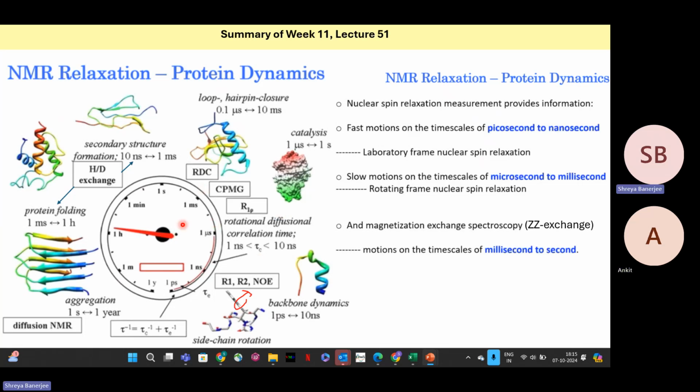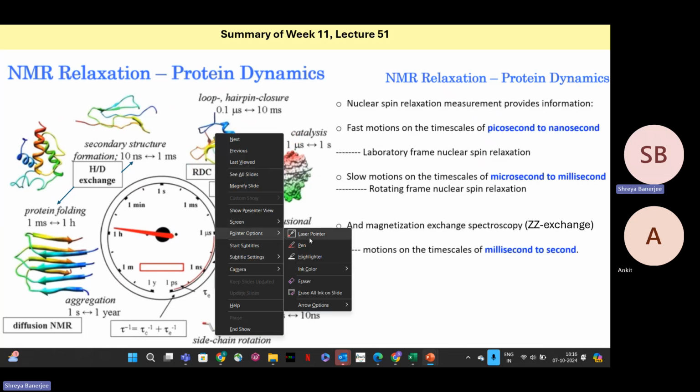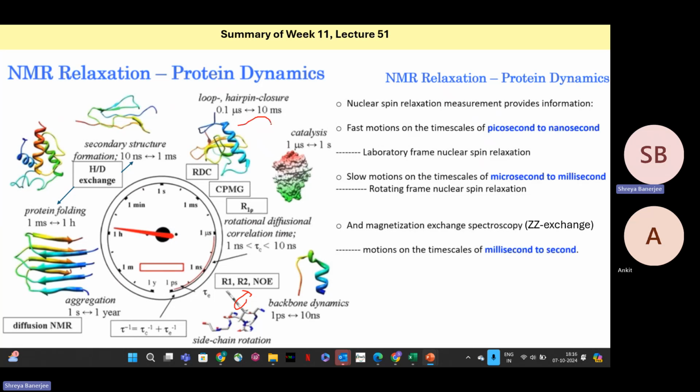Then you have motions that are slightly slower, from microsecond to millisecond time scale. Suppose you have an open loop here and it is turning to form a closed loop like this, a hairpin.